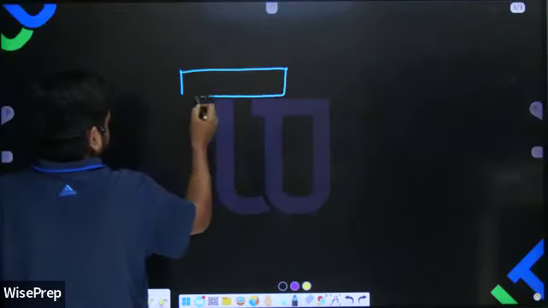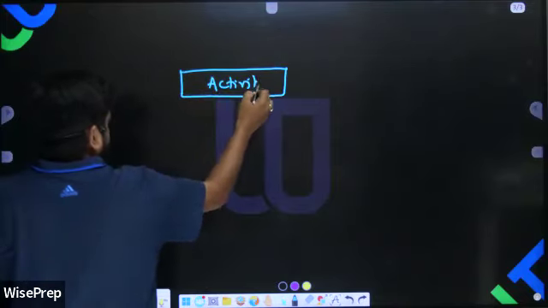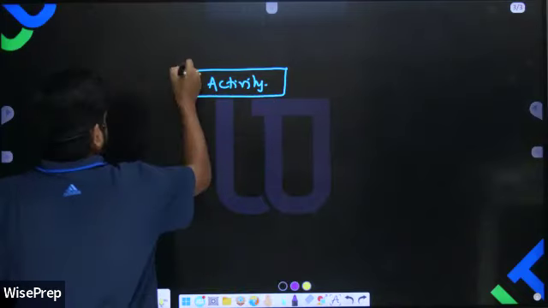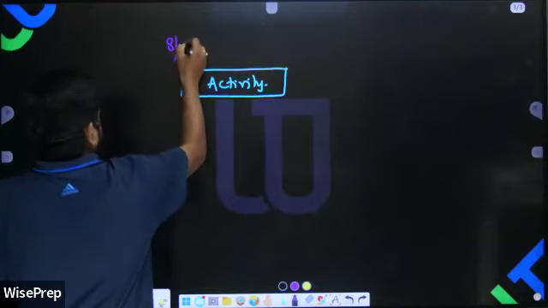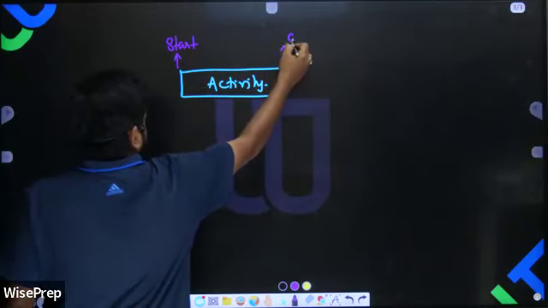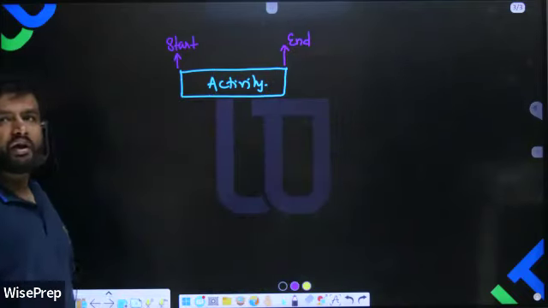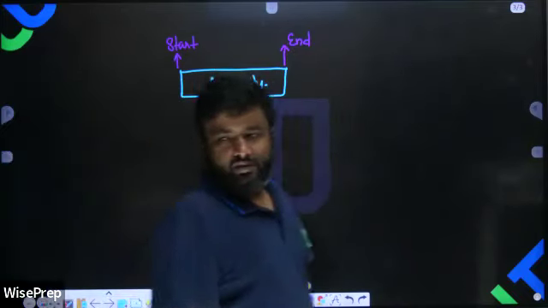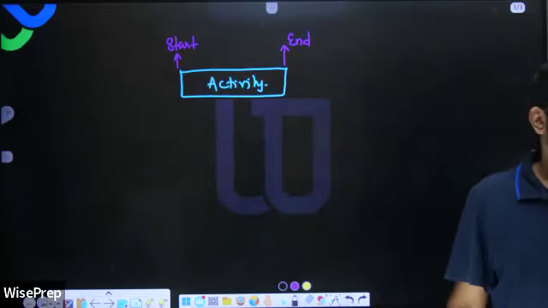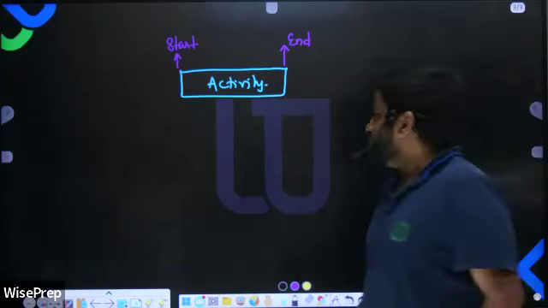Let's see here, this is the activity. This rectangular bar defines the activity. This defines the start of the activity, and this defines the end or completion of the activity.